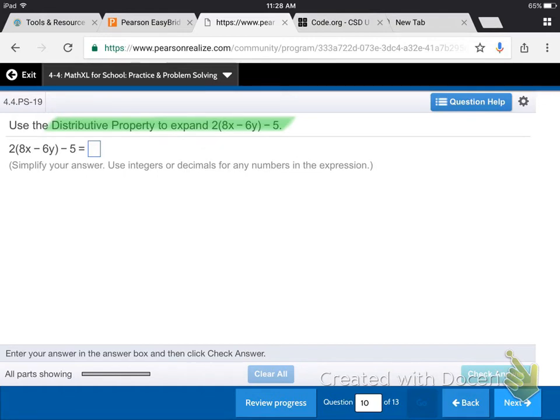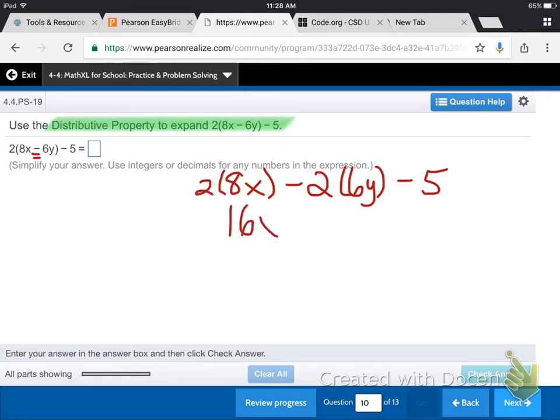So we are going to take 2, like we always have been doing this whole lesson, times 8x minus, see where I'm getting that from right there, okay, 2 times, now take a moment, what goes inside these parentheses? Right, 6y. And then there's just an extra 5 out there. So 2 times 8 is 16x minus 2 times 6 is 12y minus 5.